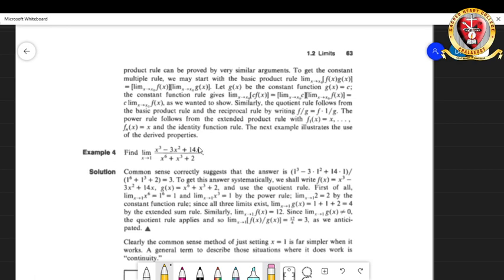Calculate it using the basic properties of limits, the quotient rule, the sum rule. Use all such rules which can be applied here, and you get the value to be 3. It is very simple to find the limits of such simple functions.